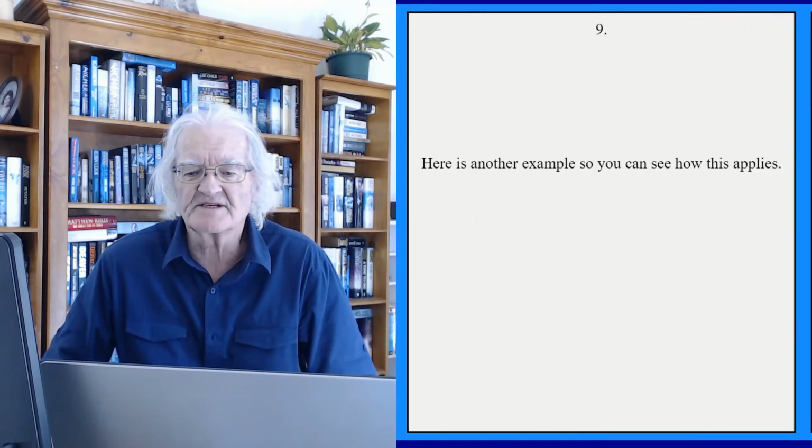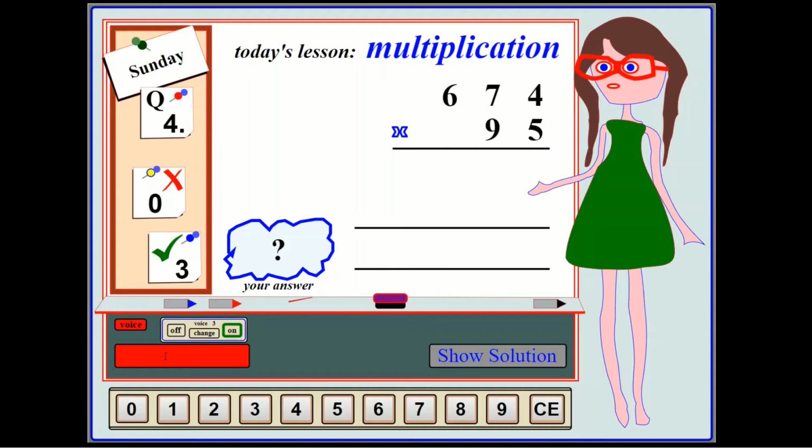Here is another example so you can see how this applies. Our first multiplication step uses only the 5.